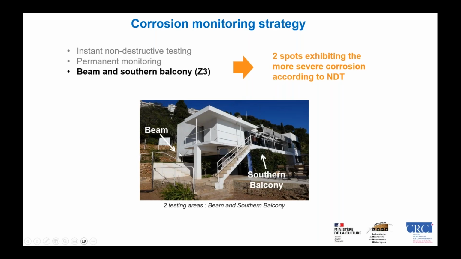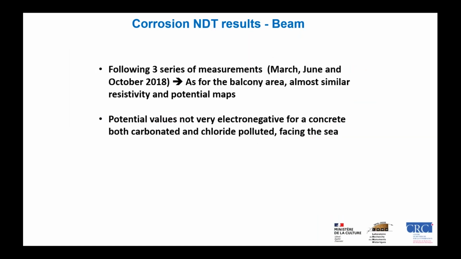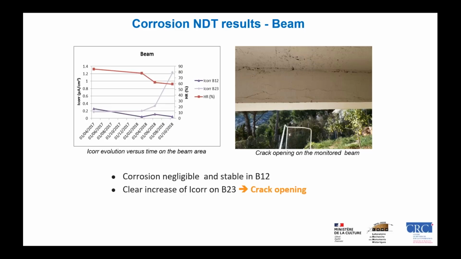So a beam here and the southern balcony. I have no time to go into the details of the results, but what I can show you here is just the results of the non-destructive testing on the beams. And here you can see the corrosion current that was measured on the beam in each season.